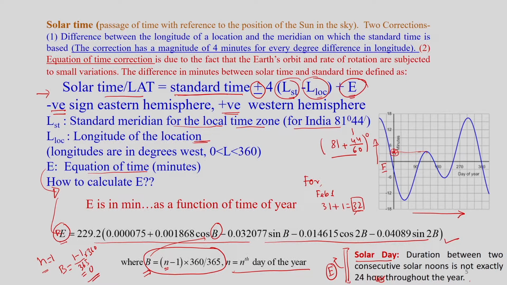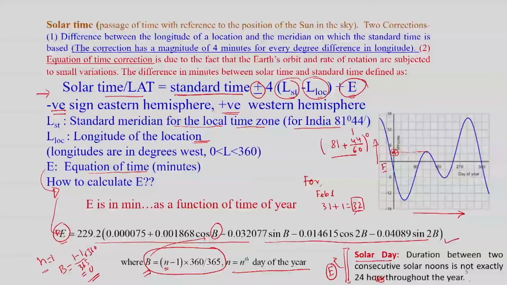This is very, very important, because most of the time we need to calculate the value of omega, that is the hour angle. To calculate the hour angle, of course, you need to calculate the solar time, or local apparent time.